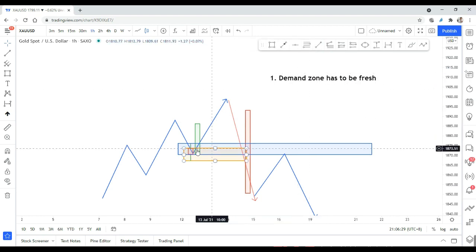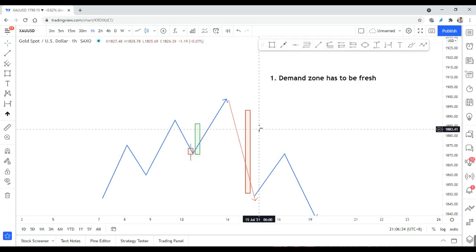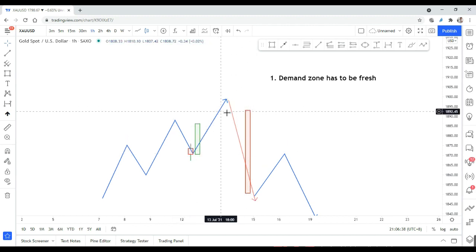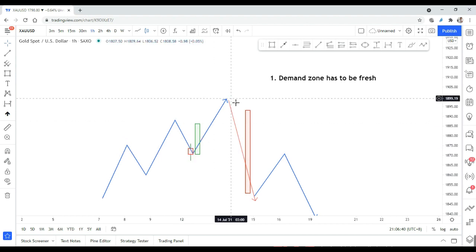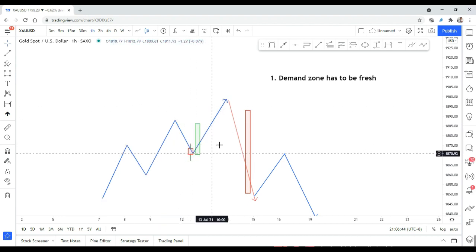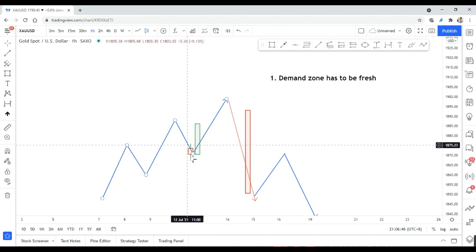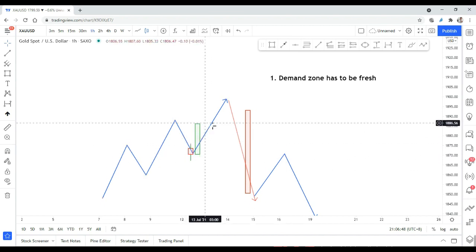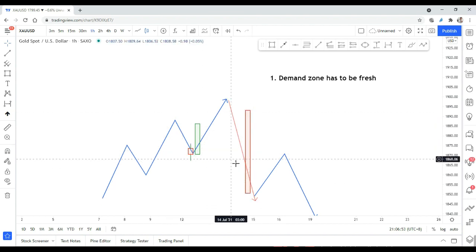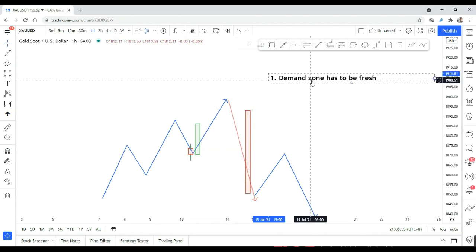Look at it: this demand zone, before the fall of this candle, has to be fresh. Very, very obvious. If it has already been tested prior to this drop, then it's no longer valid. The risk is higher.